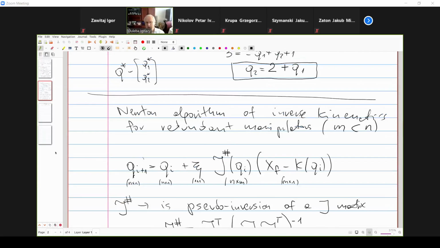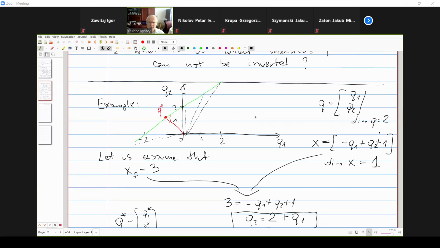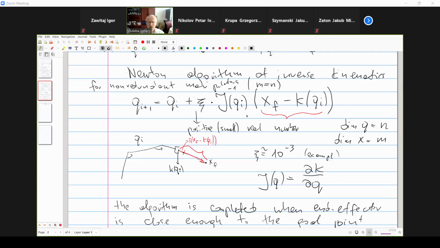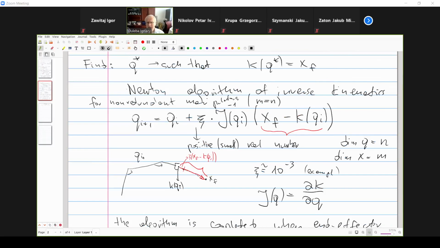Let's compare the Newton algorithm for a redundant manipulator with the Newton algorithm for non-redundant. Can you see this, and this is the same? The only difference is that for non-redundant manipulators, we invert the Jacobi matrix directly.